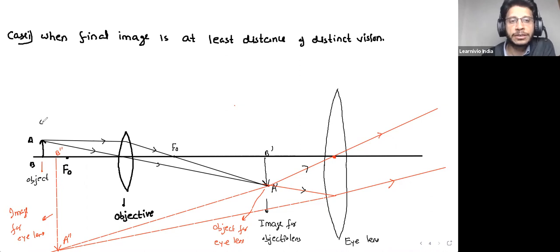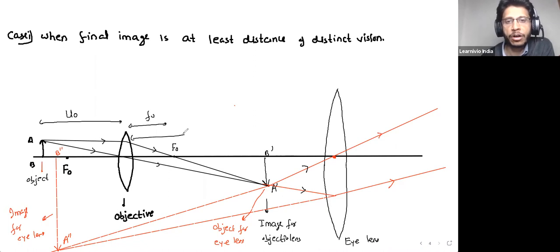Now let's mark some distances. This distance is U naught, the object distance for the objective lens. This distance is F naught. We call this distance V naught, the image distance for the objective lens. We call this distance UE, the object distance for the eye lens.